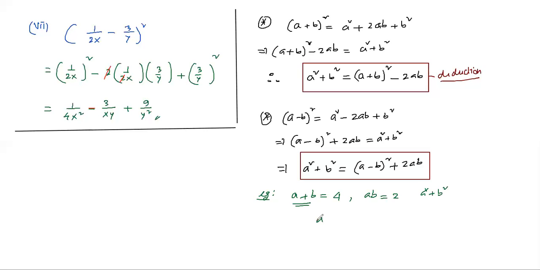So you have to use the first one for a square plus b square. That will give you the value. This is 4 square minus 2 into 2. So 16 minus 4 will give you 12. So that is the value. This is the way how we process the question. Now one more question quickly is coming to my mind, so I'm writing it.